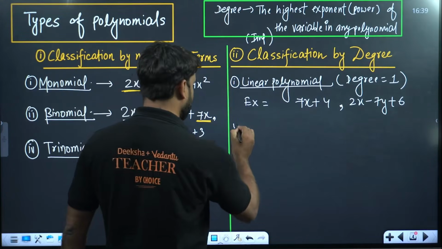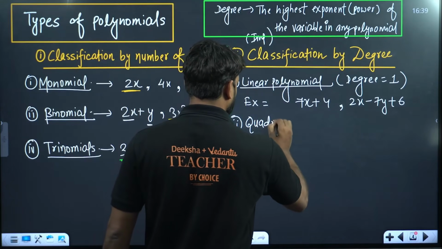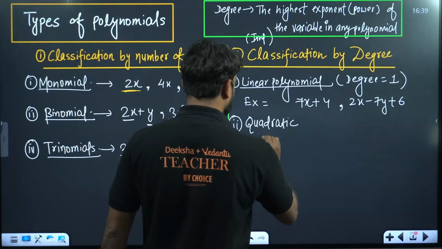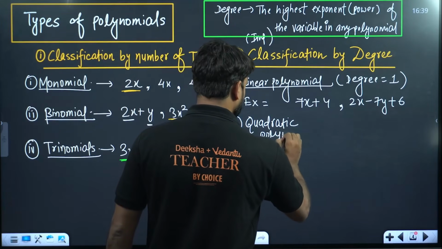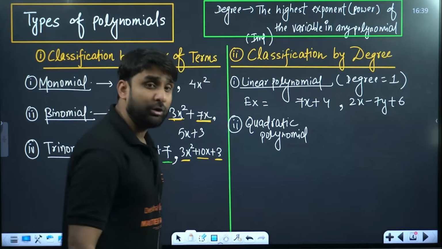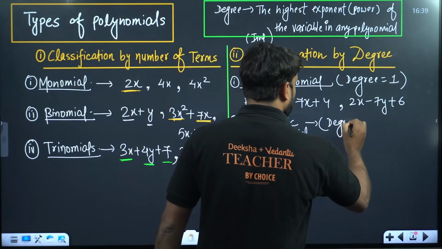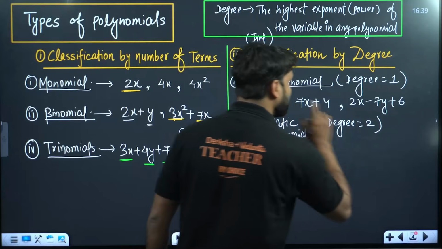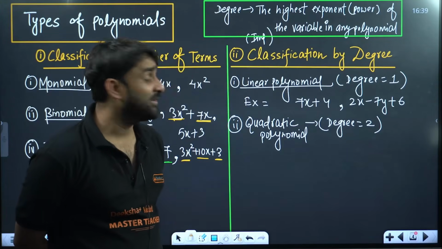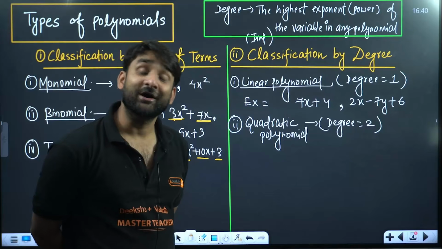Now moving to the second, quadratic polynomial. Okay, my dear champion, quadratic polynomial. So in a quadratic polynomial, what is the degree, champions? Degree is 2. And what is called degree? Degree means the highest exponent.